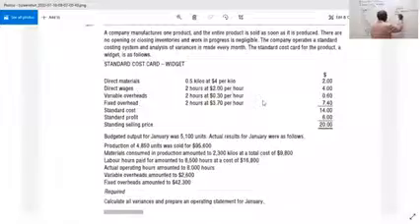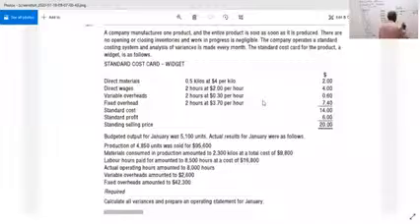As an accountant, I can see material cost there is 9,800. And then I can see labor cost of 16,800. After that, we have variable overheads. I can see 2,600.